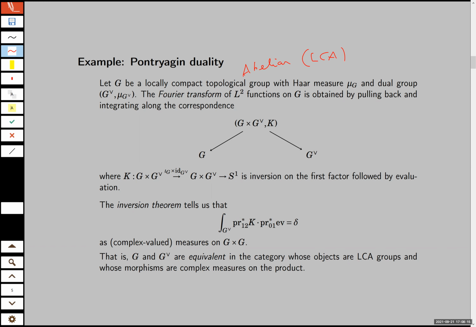In this case, there's a dual group, which is the group of group homomorphisms between G and S1. So the character group of G.